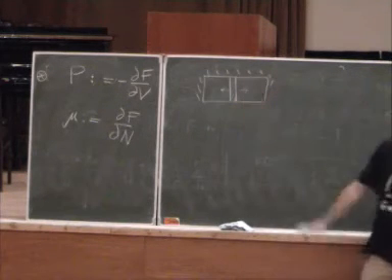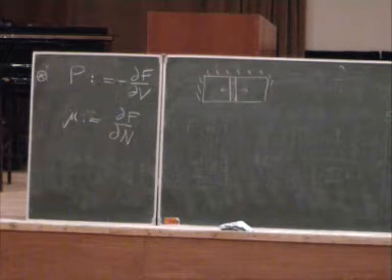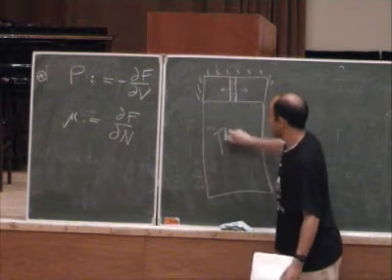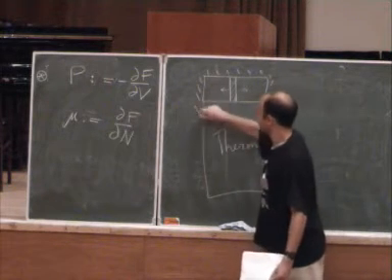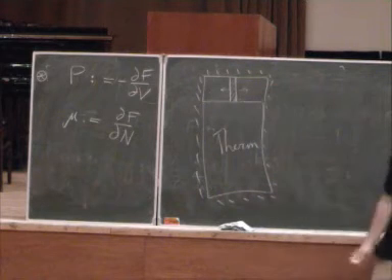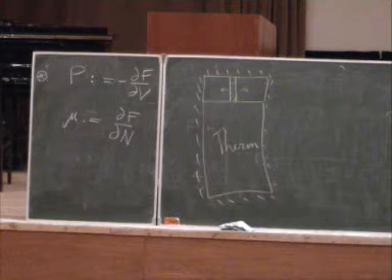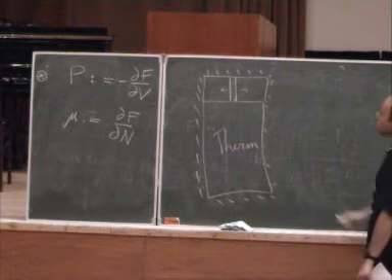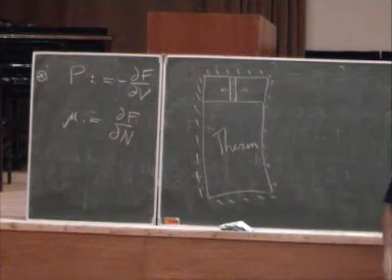So here is the separation that can move between the two. Then here's the thermostat. And I would like to see in which direction it is going to move. Which volume will increase and which volume will decrease.